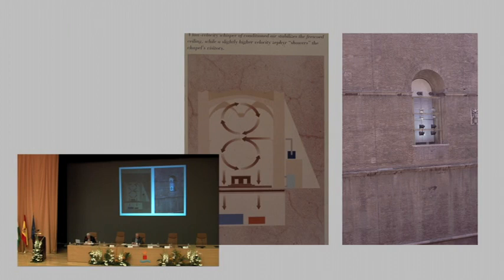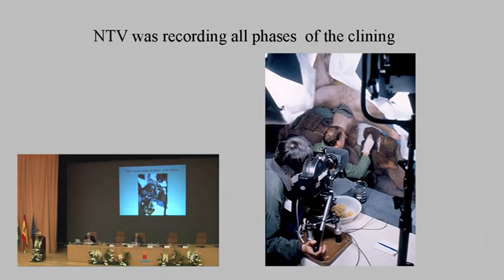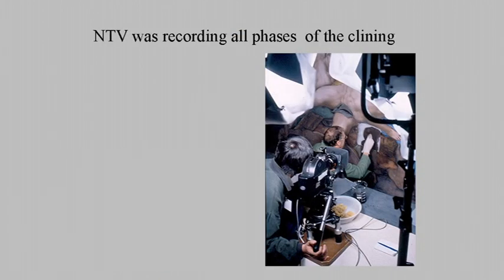The graphic workstation was an Apollo DN 3000. The Nippon Television Network was recording all phases of the cleaning of the Last Judgment and of the ceiling on film.